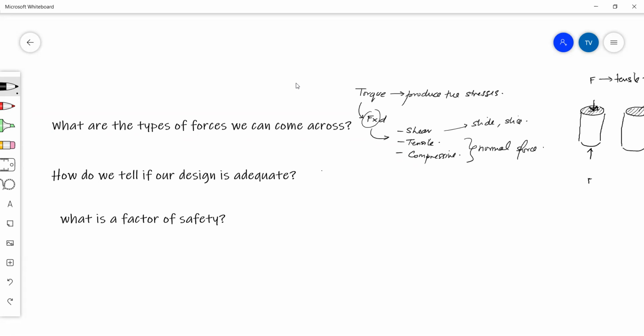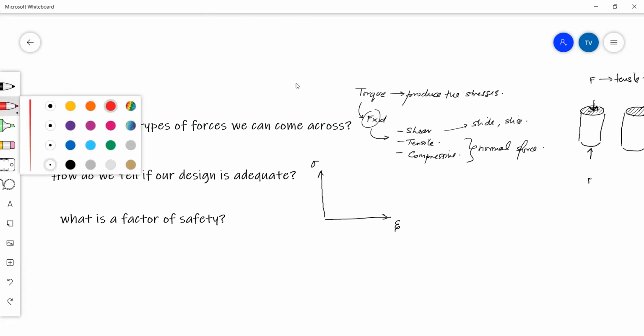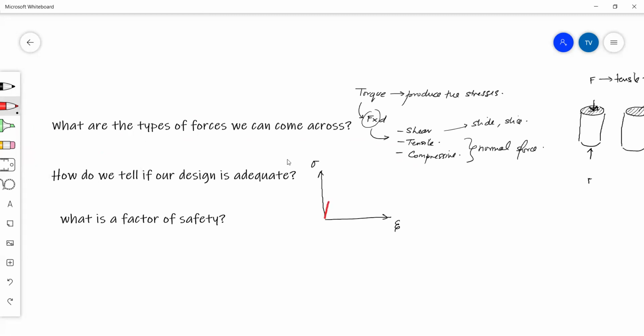So are you all familiar with this graph? The stress strain graph? Okay, brilliant. If you're taking mechanical or civil, this graph is like your bread and butter. This is the fundamentals, like 1 + 2 for an engineer.